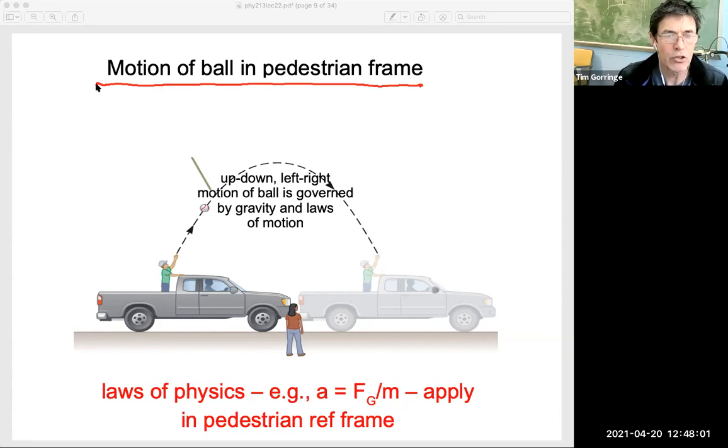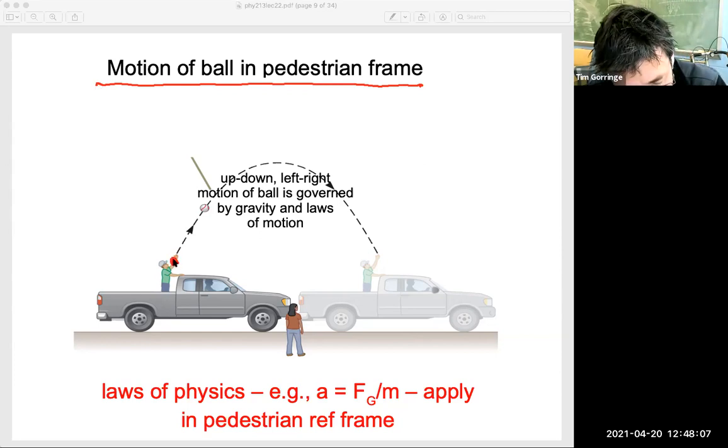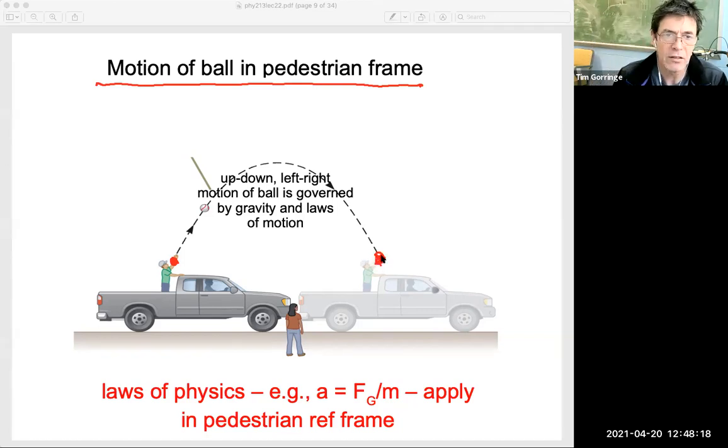The ball's motion is like a projectile motion. It starts over here on the bottom left. The ball heads upwards on a curved parabolic path and is caught over here on the bottom right. So that's a different motion, a different path in that reference frame.